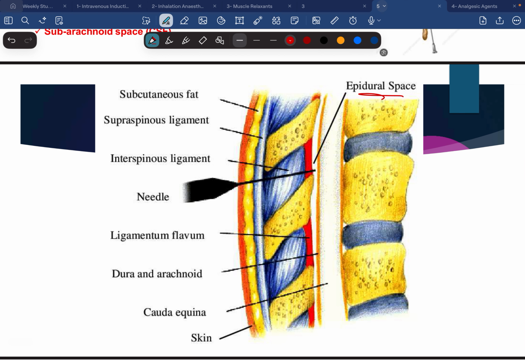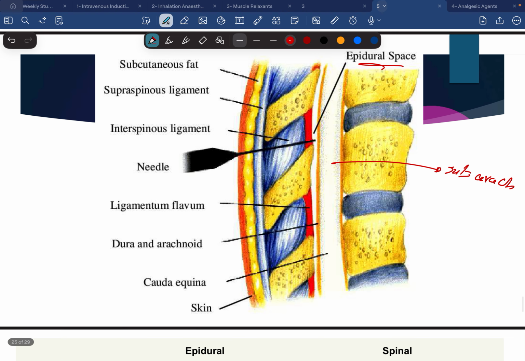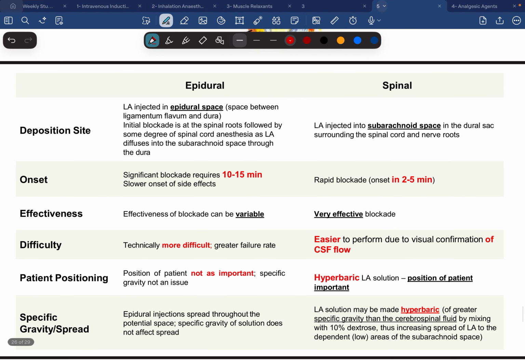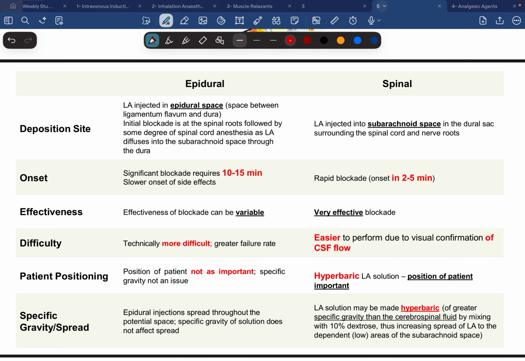Subarachnoid means you're gonna get into some CSF. If you go higher, you get into the spinal cord. Lower, you have cauda equina. So even if you go low, there's still a chance that you might hit a nerve ending, which means that you might have a complication. You need to be careful about that. That is a risk that we sign each patient for regional anesthesia for. There's a risk of nerve injury.